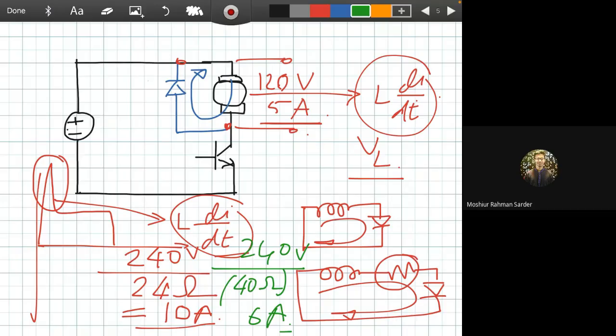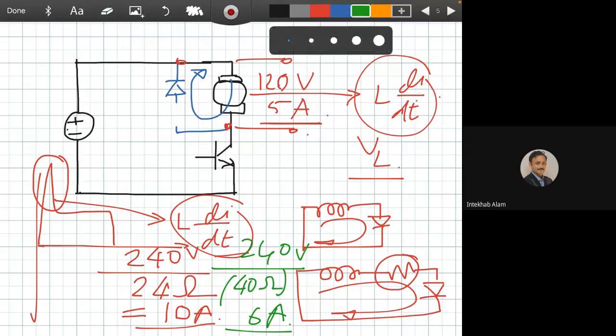So it should be a power resistor, right? I think it should be a power resistor. Good, thank you for your early deduction. It should be a power resistor. So we need a resistor in here, for example 40 ohm.